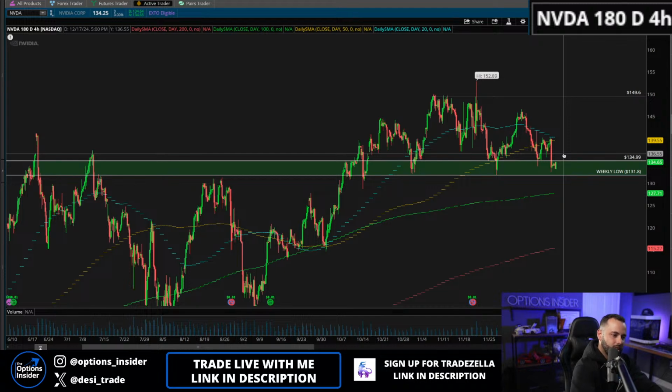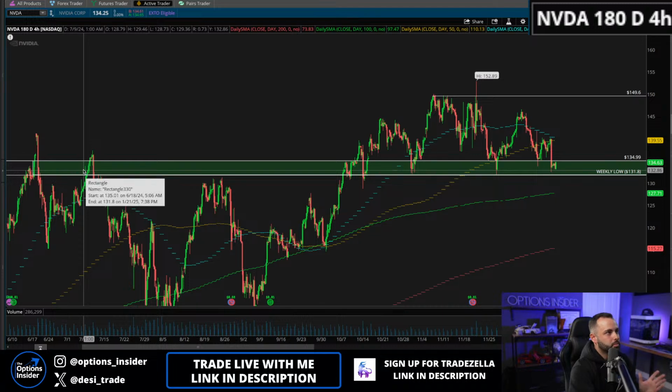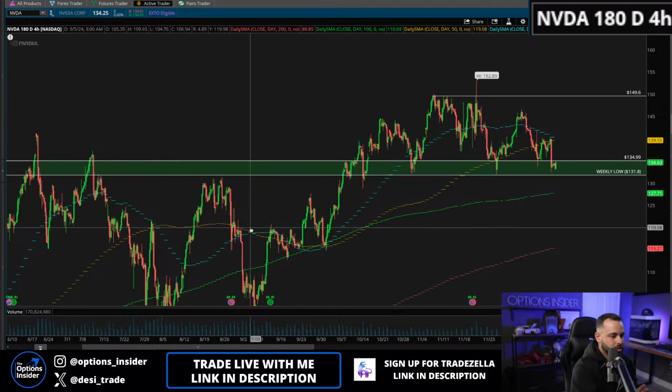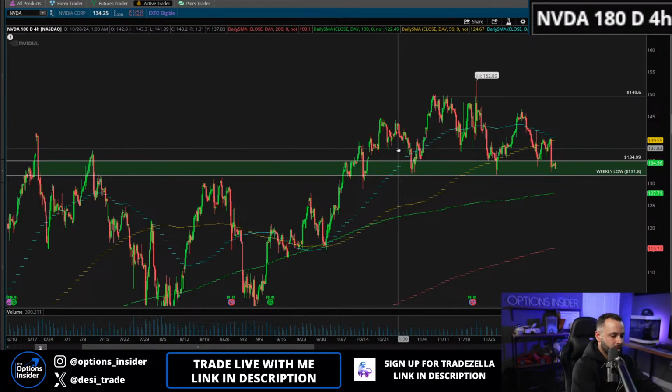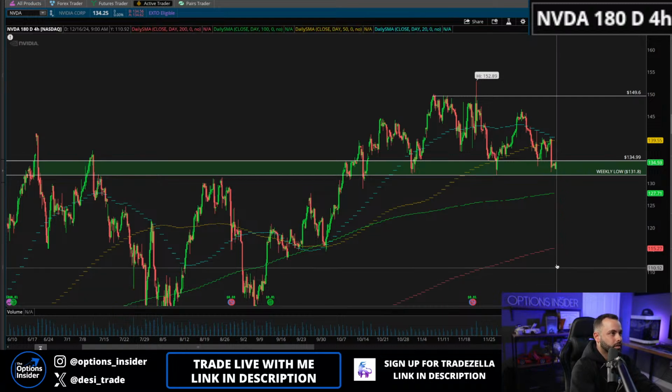But I really don't see this breaking down, right? I think what a lot of people are totally failing to understand is that they're so focused on this head and shoulder formation up here, and they're not focused on the sector as a whole. I do not believe you are going to see NVIDIA fail a major head and shoulder move if the SMH is strong.